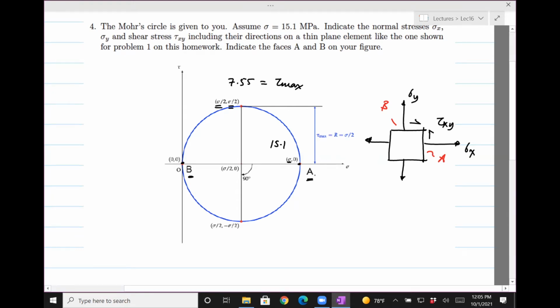So A, which is this face, is going to have a stress of sigma, which is 15.1. And the sign there is positive because it's on the positive x-axis, so it has to be the way it is shown here. Sigma y, on the other hand, which is the stress on face B, is going to be 0.